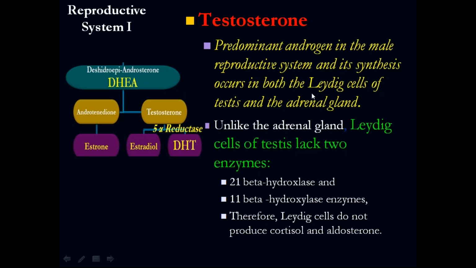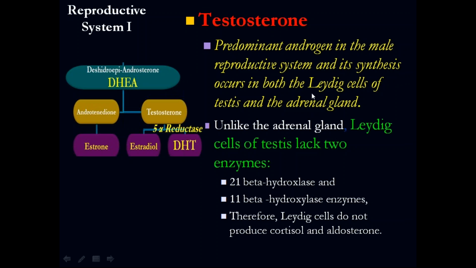So what is the difference? The difference is that about 95 to 97% of the testosterone in males comes from the testicles, and the rest comes from the adrenal gland.